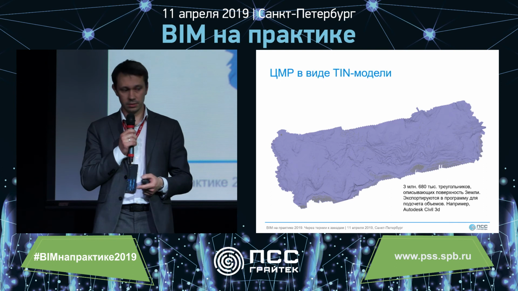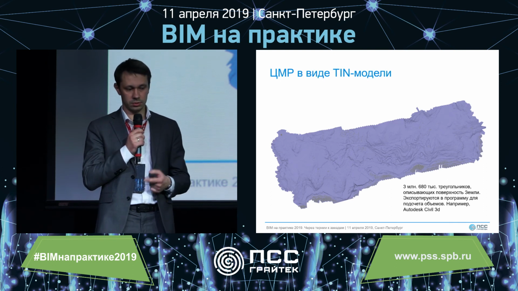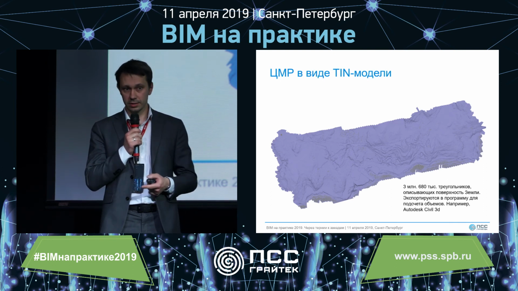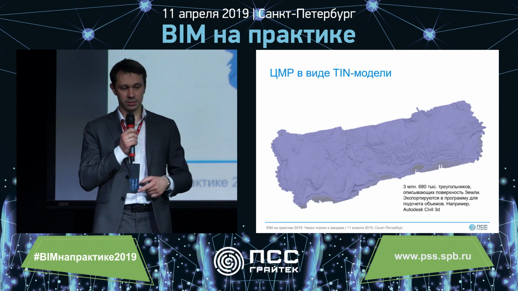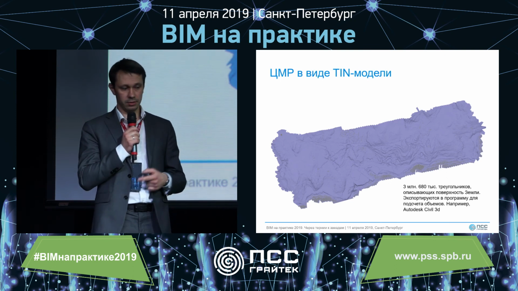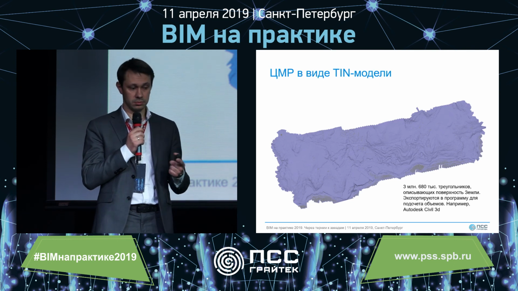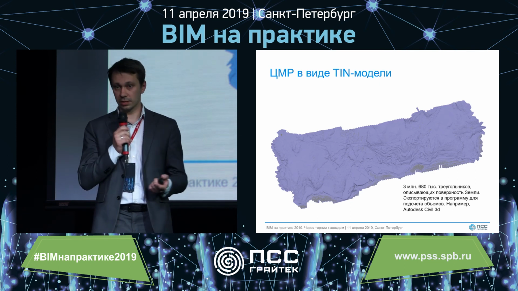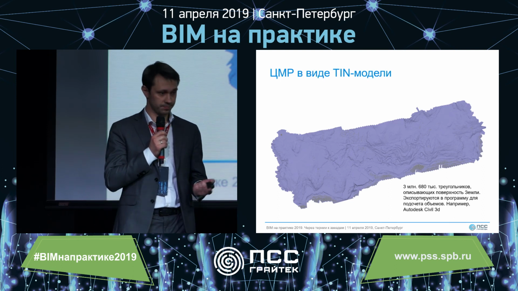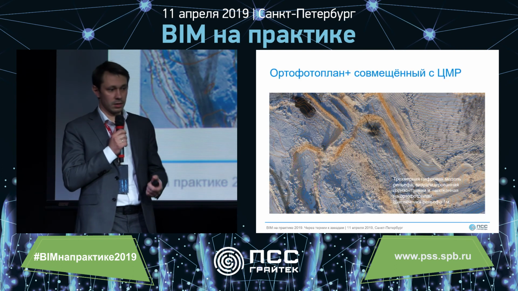If you noticed, all previous slides had quantity of data, such as point density, up to 30 points per square meter. Compared with classical geodesic survey, where the distance between the points is from 5 to 15 meters.